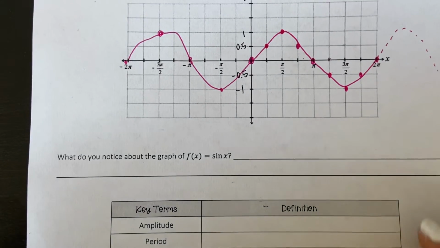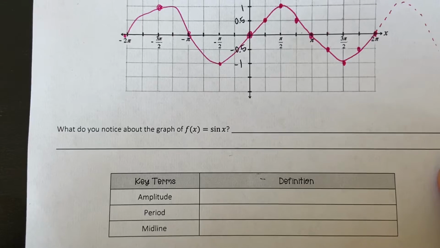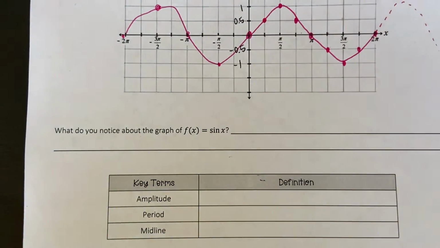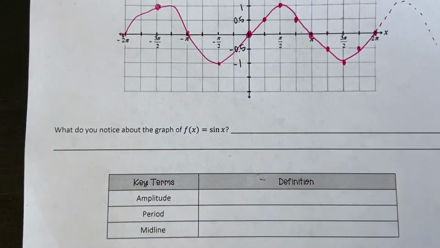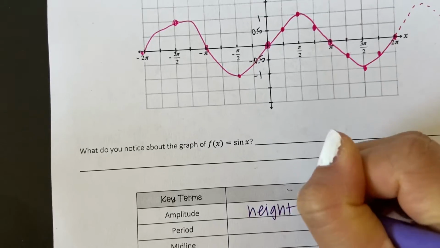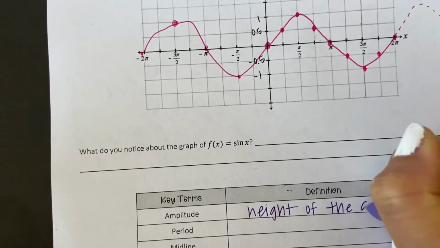The last thing we're going to do is look at key terms. So we have 3 different key terms we're going to focus on today. One is amplitude. So you're going to go ahead and type in the definition. The amplitude is the height of the graph.